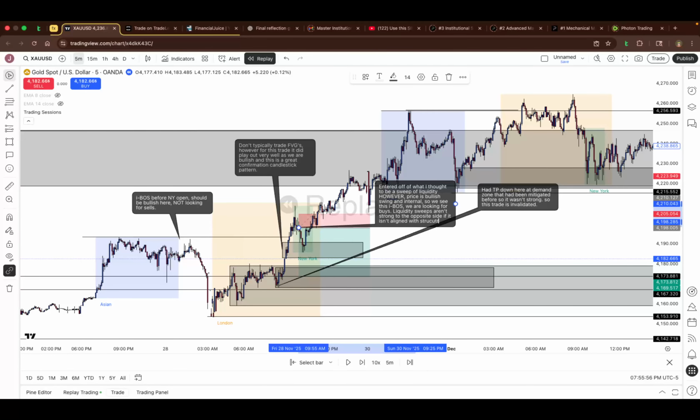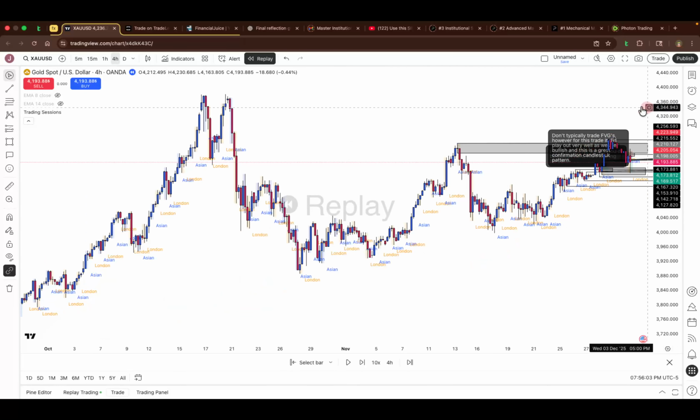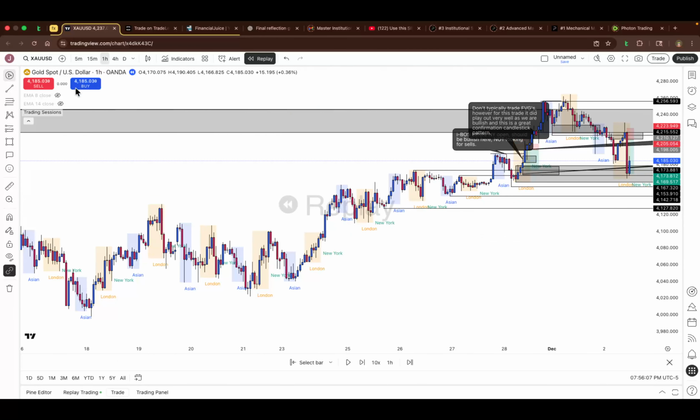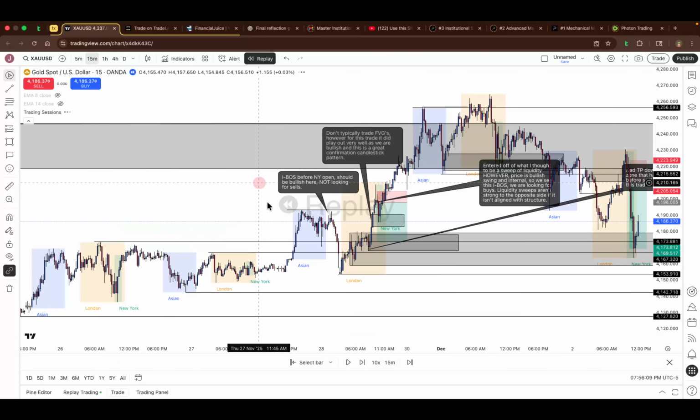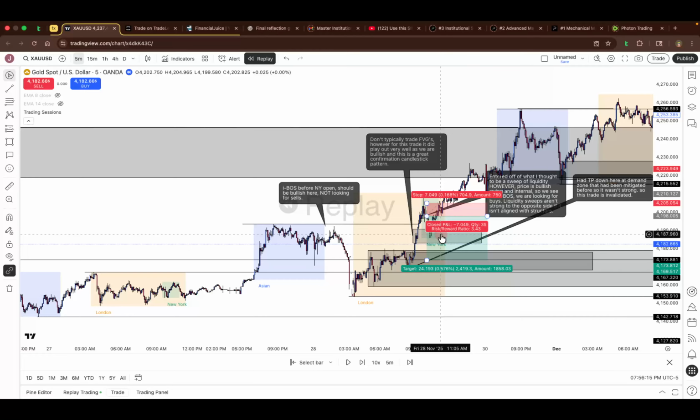If it's not aligned with structure, it's not going to be as strong. You're not going to see it play out if you're not looking at the whole picture. We scale up to the 4-hour, we see strong bullish movement. We scale down to the 1-hour, we continue seeing strong bullish movement. We scale down to the 15-minute, continue seeing strong bullish movement. Scale down to the 5-minute, continue seeing strong bullish movement. There's no reason for us to look for a sell here.